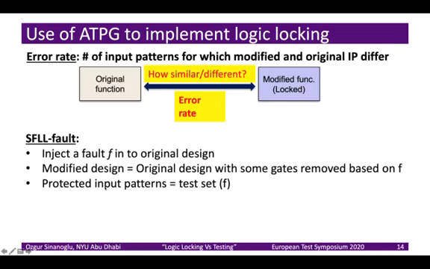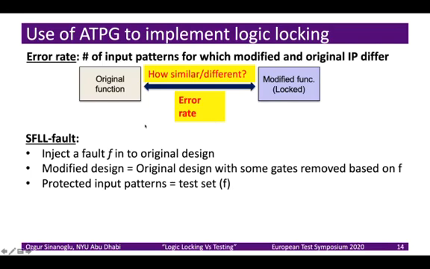Now, in this case, how do we recover the functionality from the modified function? Well, the test patterns of this fault that we injected need to be applied as keys to this modified design to recover the functionality, because those are the protected input patterns in this case.